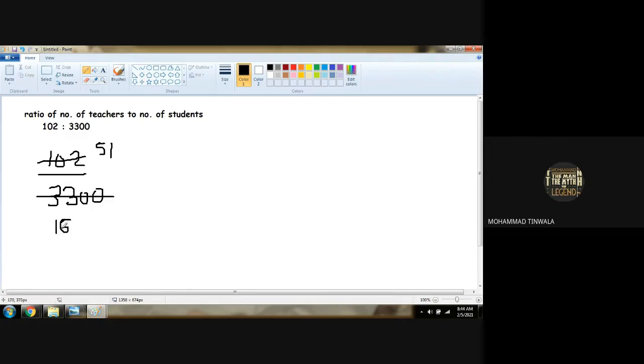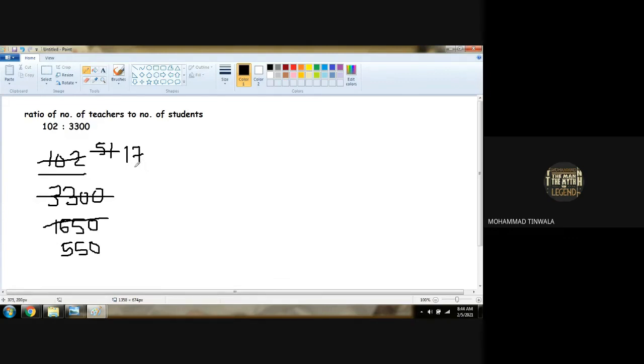Okay, chalo. 2 5s are 10 and 0 as it is. Now 5 plus 1 is 6, so it will be with 3. 3 1s are 3. 3 7s are 21. Now 3 4s are 12. 3 5s are 15. 3 5s are 15 again. And 0 as it is.